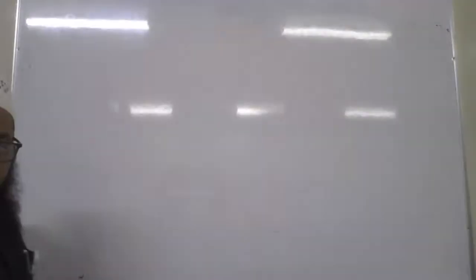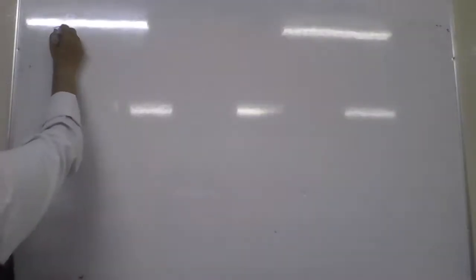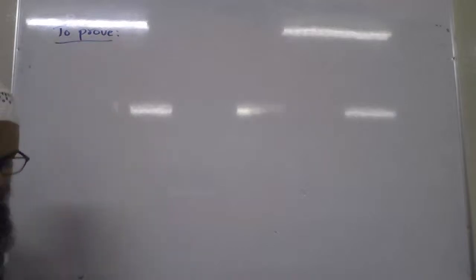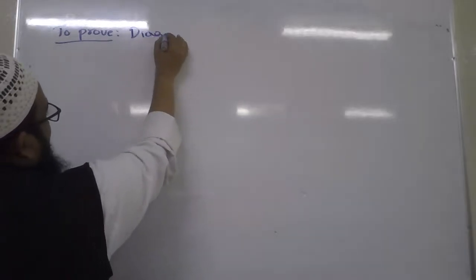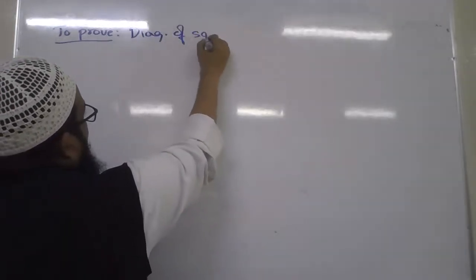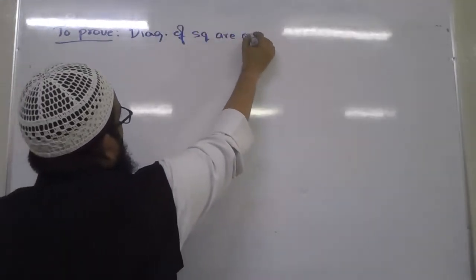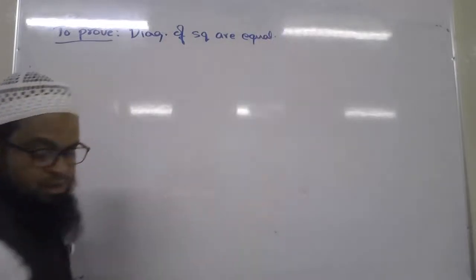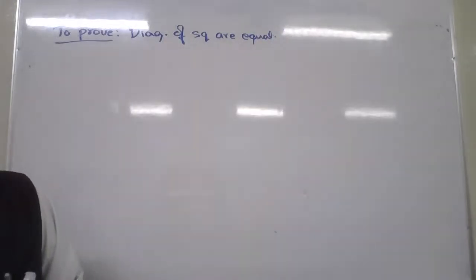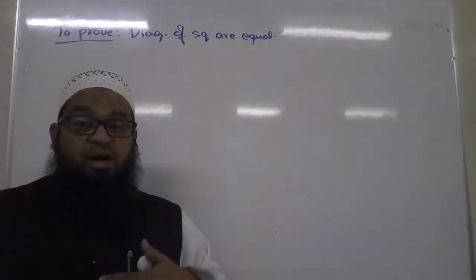So I am writing directly. To prove: diagonals of a square are equal. Understood? And bisect each other at right angles.